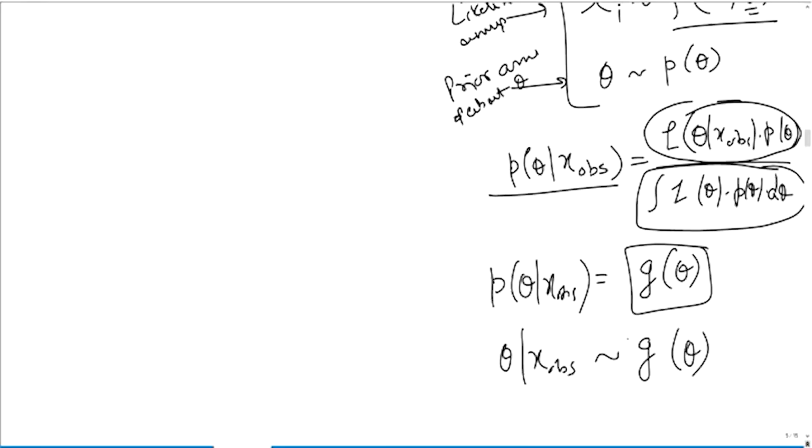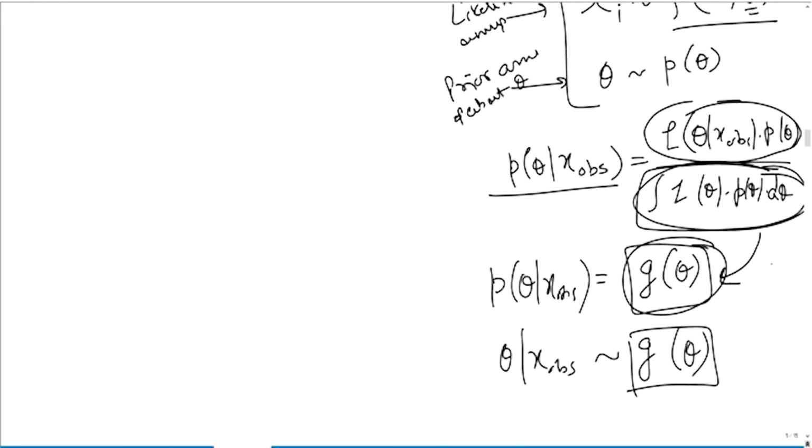But the problem is that integrating this likelihood times prior is not straightforward. In fact, most of the functions won't be integrable when you multiply likelihood and a different kind of prior. And it's not always the case that you will get a proper probability distribution g of theta.